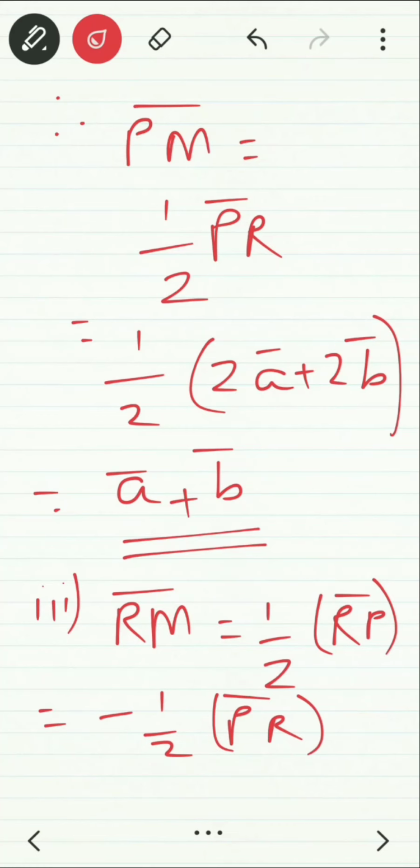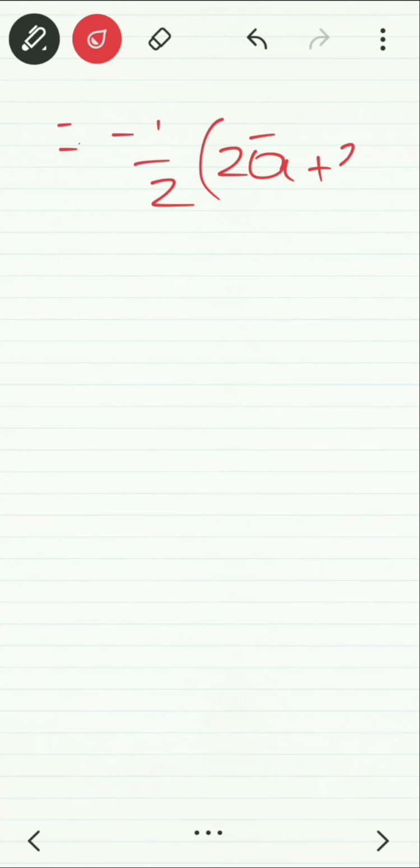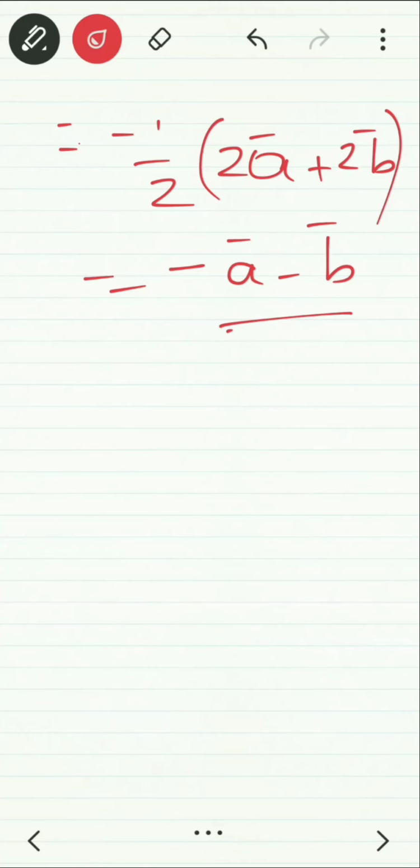And PR we had got as 2A plus 2B. So it becomes equal to minus half of 2A plus 2B. Simplifying that, opening the bracket, multiplying, cutting the 2, we have minus A minus B. So this becomes the value for RM.